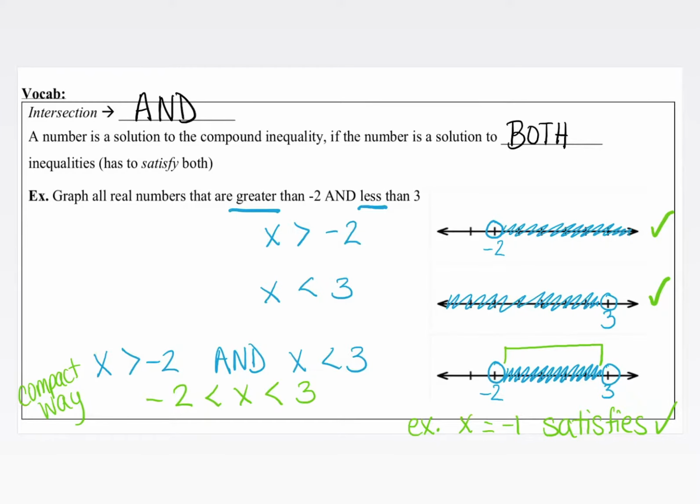So for an and graph, that's where we're going to shade. Also, as I mentioned before, we can rewrite this in the compact way. -2 is less than x is less than 3. This x is sitting sandwiched in between -2 and 3, just like the shaded portion on the graph here.